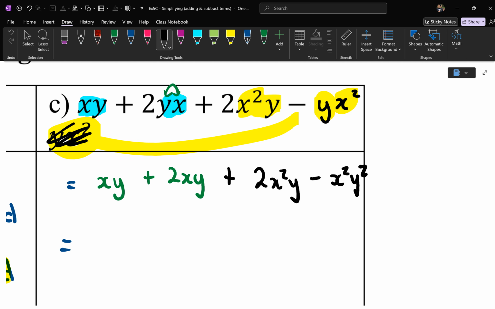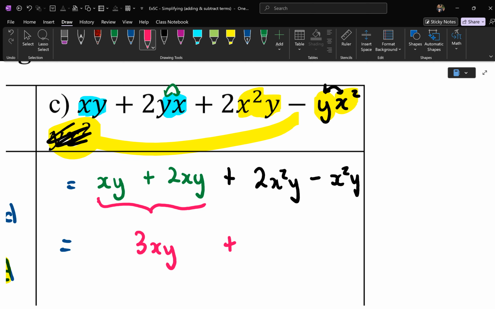It's okay to swap the order. So now you've got x squared y, x squared y and x squared y. So let's calculate it. What is xy plus 2xy? 3xy, because xy is one group of these xy's, and you're adding another 2. That gives you 3xy plus, now how many of these x squared y's do you have? You start off with 2 and you minus 1.